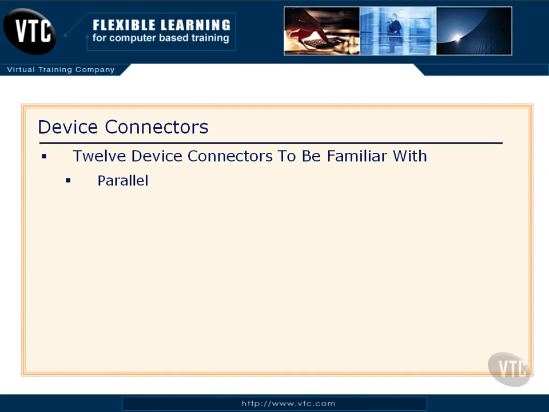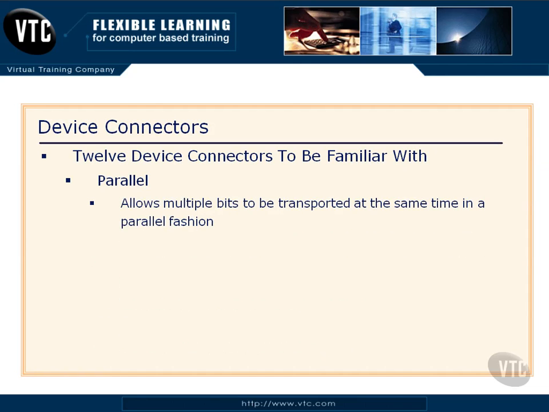Now, a parallel connector is those wide, like 25-pin connectors that you see on the back of old computers. The Centronics connector, if you remember those, that we used to hook printers to. And a parallel connector allows multiple bits to be transported at the same time in a parallel fashion. Think a 16-lane wide freeway.